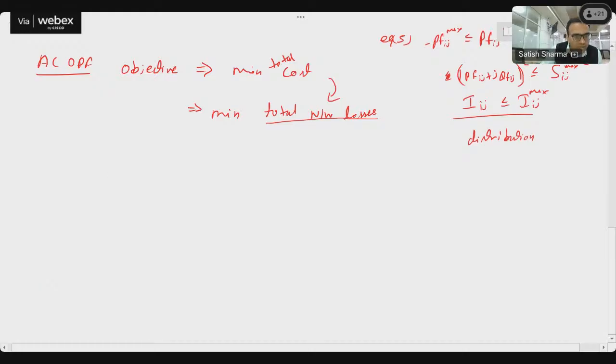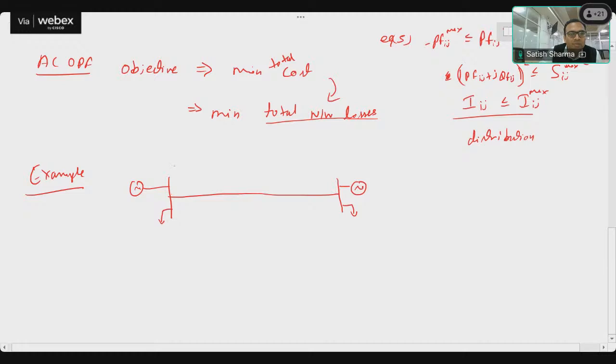Let's consider an example. It's better to have an example. Let's say I have a network with a single generator here, certain demand here, some generator at this particular node, and some demand at this particular node. Generator bus number one, bus number two, and some line is there. If we want to write down OPF, all of those constraints were there.